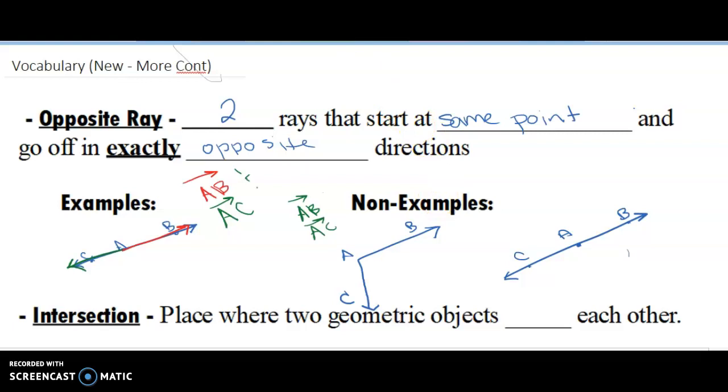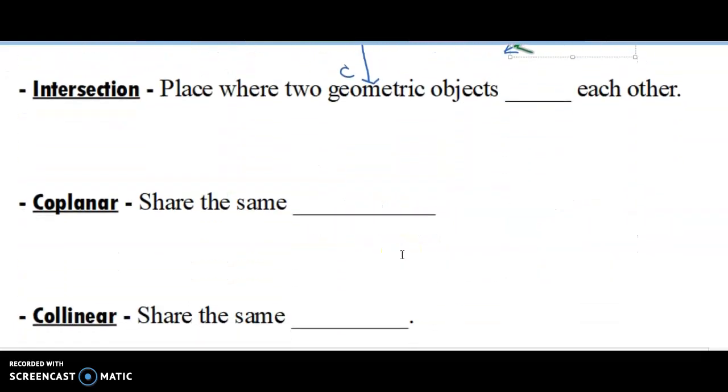Another example over here would be ray AB, don't forget your ray symbol, and let's do BC. Some of you are thinking, why not? BC is all the way there. Well, the reason those aren't opposite rays is because they don't start at the same point. They have to start at the same point and go off in exactly opposite directions.